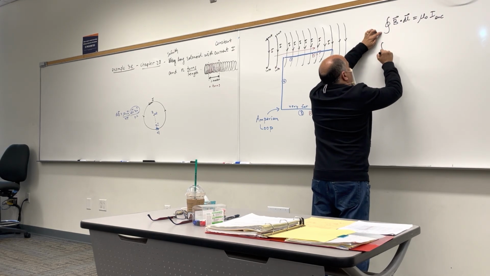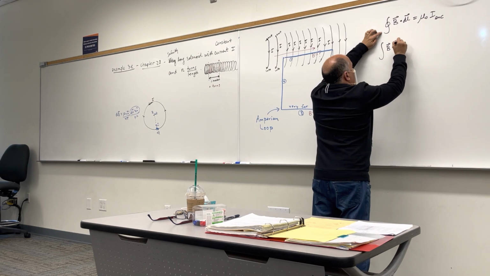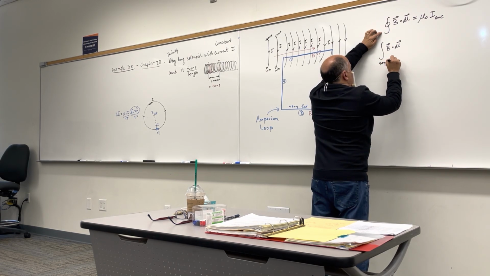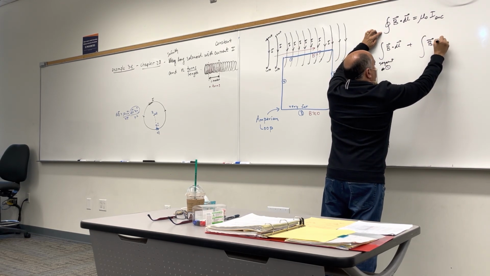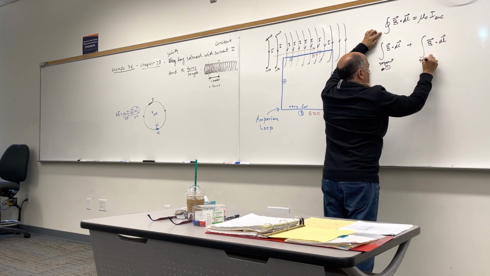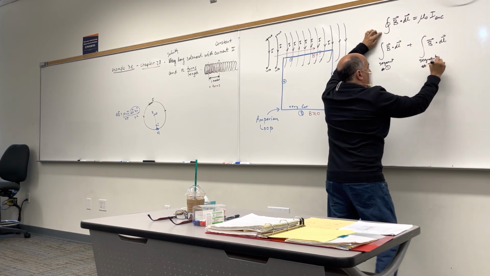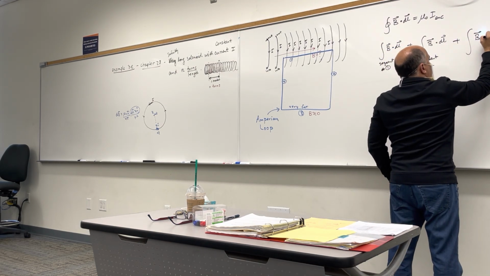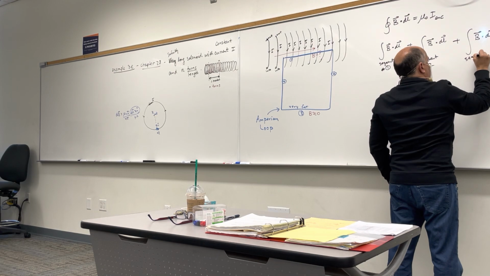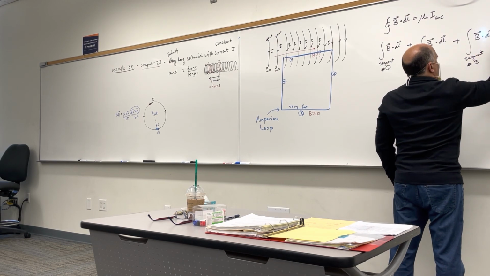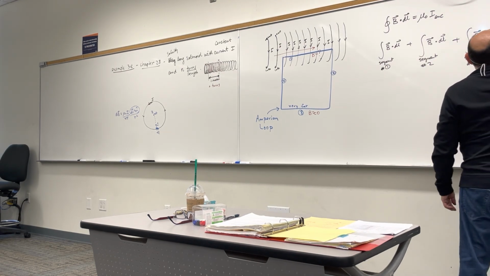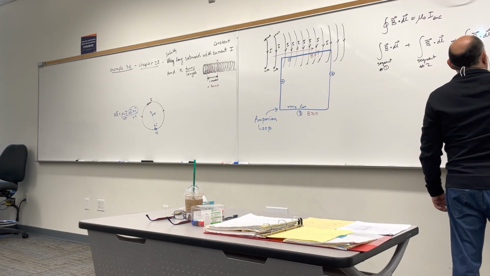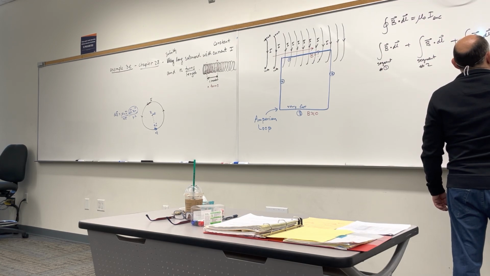line integral on the left hand side into B dot dl for segment number 1, plus B dot dl for segment number 2, plus B dot dl for segment number 3, plus, without a circle, because segment 1 by itself is not a closed loop, and segment number 2 by itself is not a closed loop, so this will be B dot dl for segment number 4.